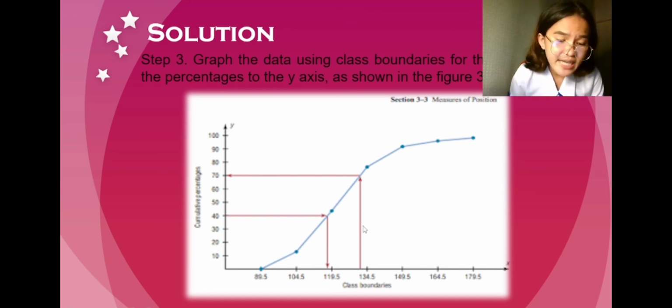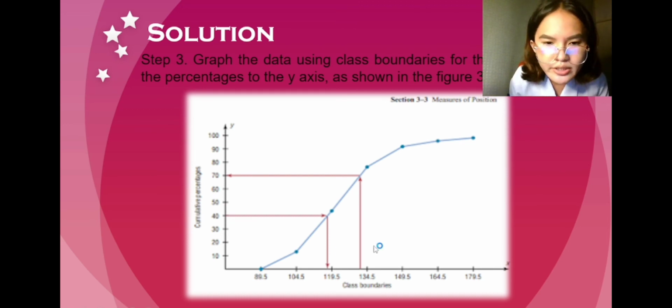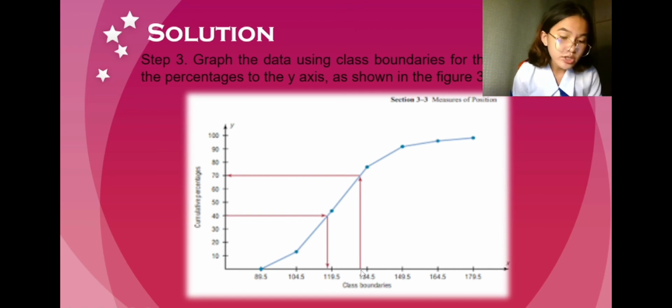So, for example, to find the percentile rank of a blood pressure reading of 130. Where is the 130 here, class? Here. Not here, because that is 134. So here, 130. Find 130 on the x-axis and draw a vertical line on the graph.